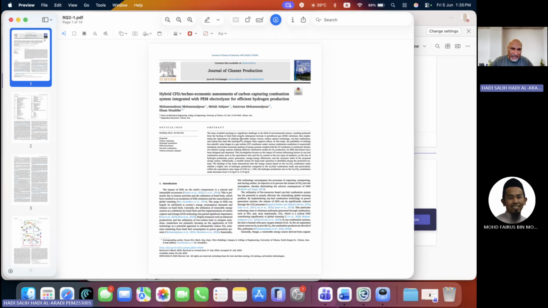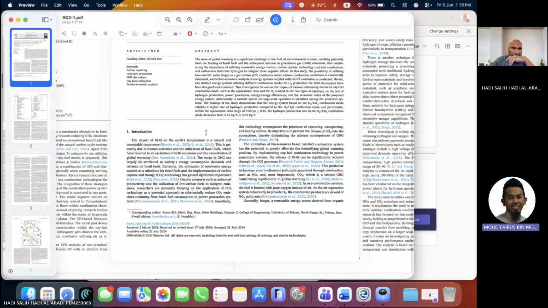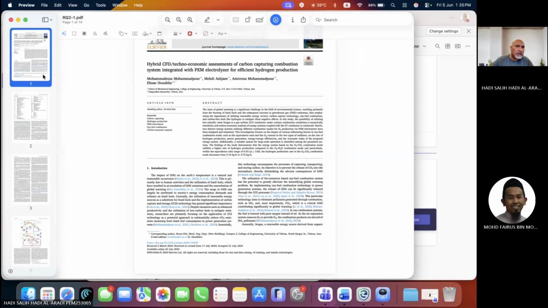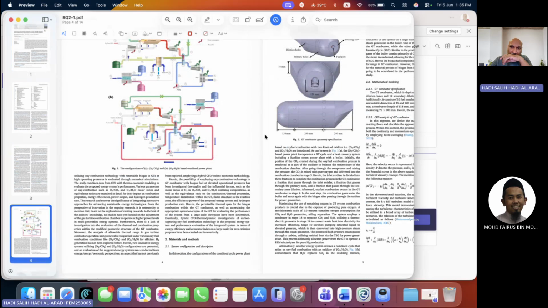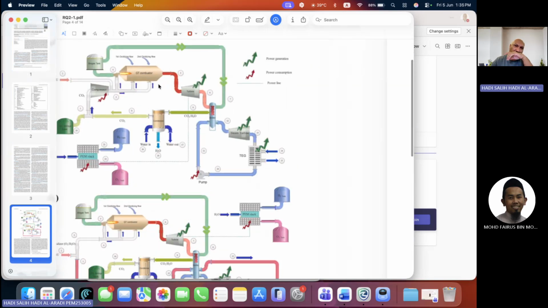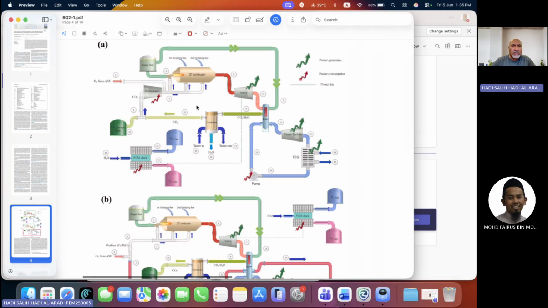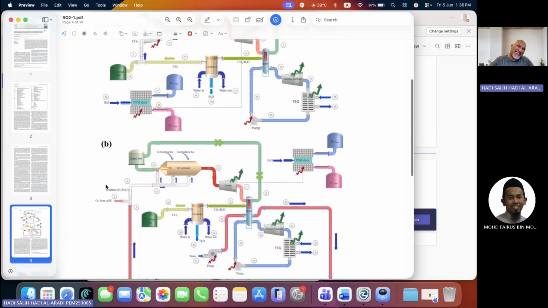Finally, they discovered that the carbon is the winner in this competition instead of the steam, the water steam, I mean. It was efficient, and they keep the combustion chamber in the range of the temperature. In this one, they put a device to add the water and then get the steam and use it to reduce the temperature inside the combustion chamber, while the second method was by using the carbon.